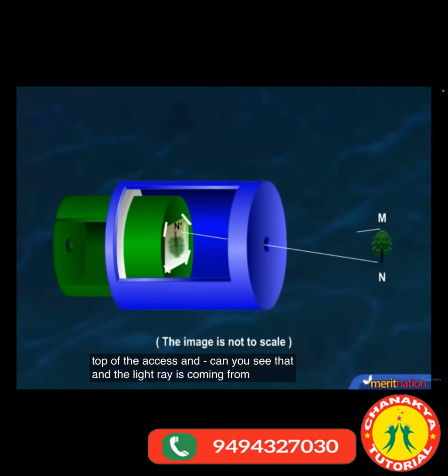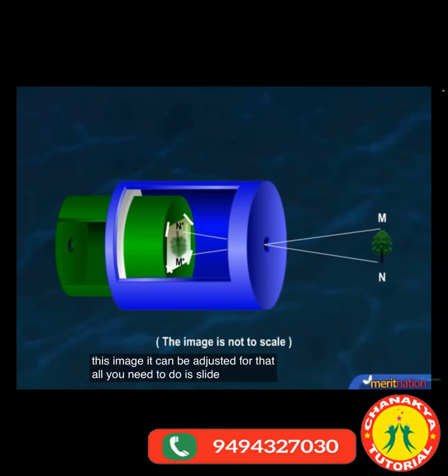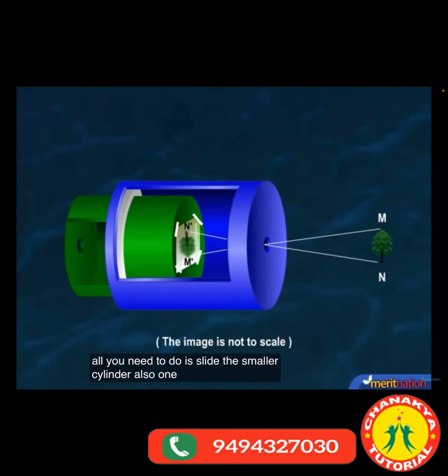And the light rays coming from the top of the tree, that is M, strike at the bottom of the axis, that is M dash. Now what happens as a result? As you can see, an inverted and also a much smaller image of the tree is what you get on the tracing paper. Remember the tracing paper which acted as a screen? Now the size and contrast of this image, it can be adjusted. For that, all you need to do is slide the smaller cylinder. Also, one more thing, the image depends on the size of the pinhole. The smaller the pinhole, the sharper will be the image, and of course, vice versa.